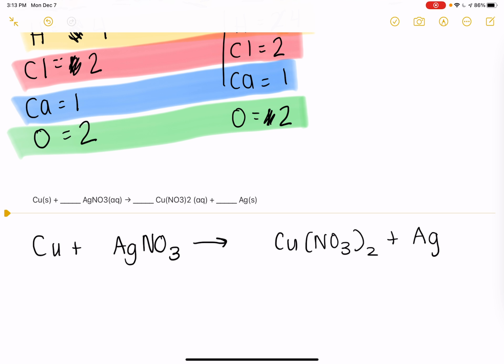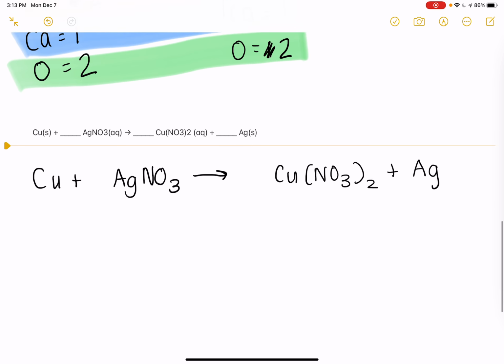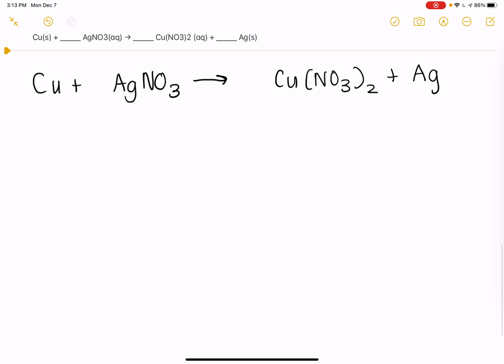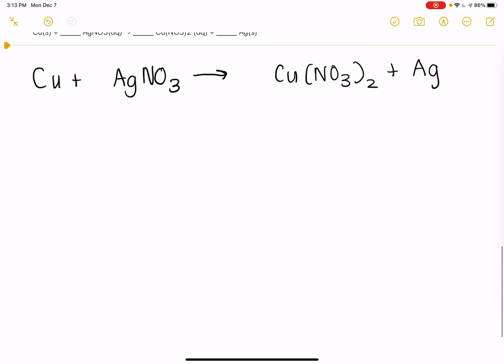All right, so here we've got something that I was telling you before, is that we have polyatomic ions on both sides. So our first job is to draw that line down the middle because we are balancing it one thing to the next. Then we want to tally up all the things that we have. We got Cu, we got Ag, and this is what I told you before.